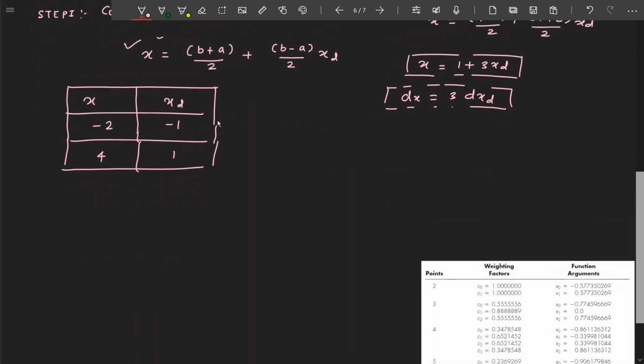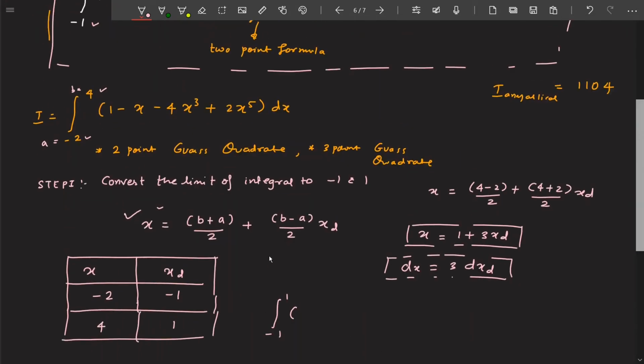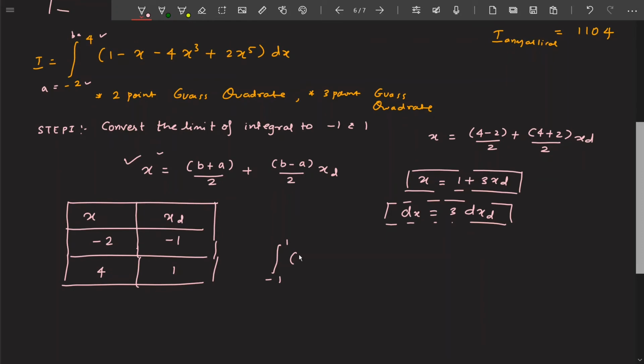So if I write down the integral, it says from -1 to 1.